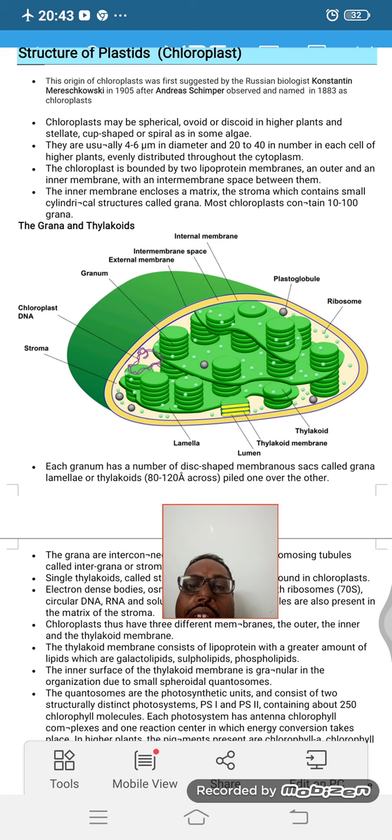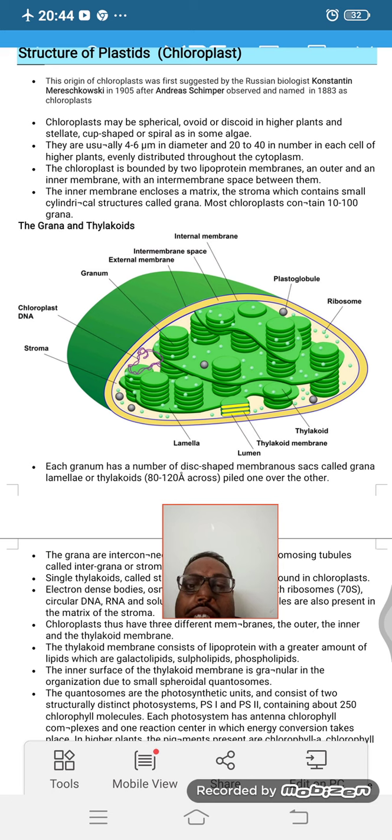Here we can see the two membranes. We can see something called grana, and we'll come to what they are. We can also see the intermembrane space and ribosomes. Those things are present.